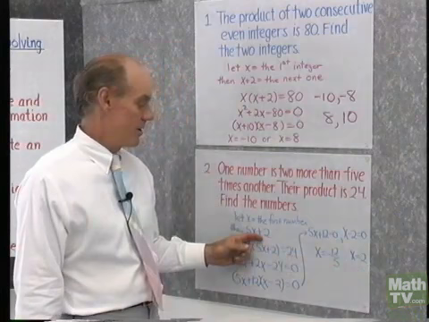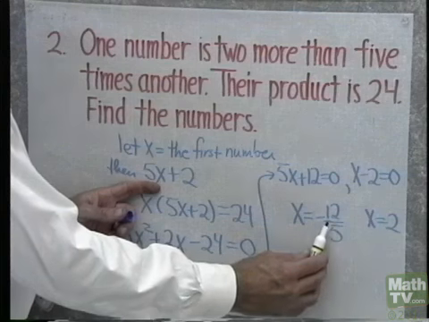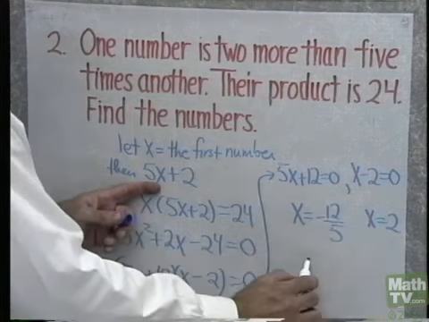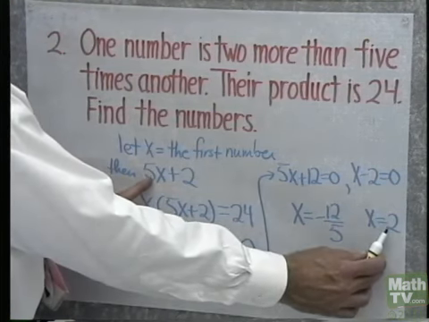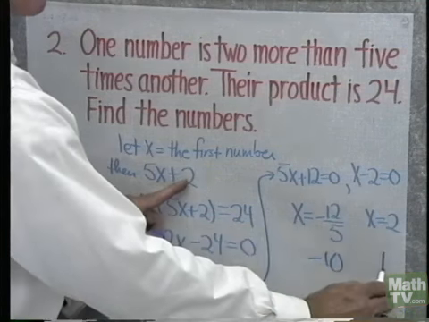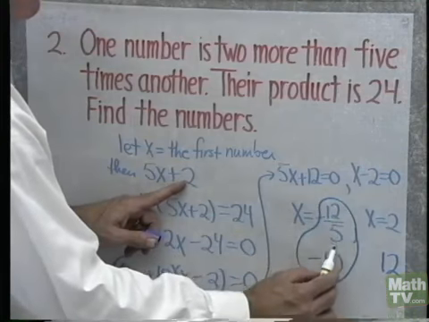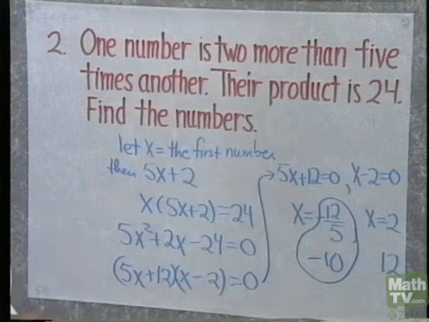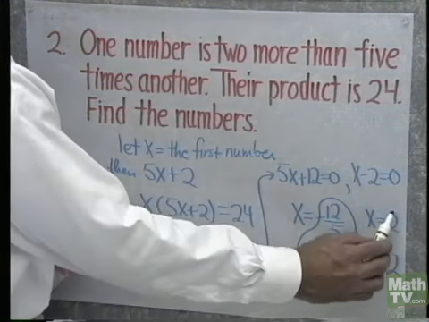To get my second number, I have to multiply the first number by 5 and then add 2. So if I multiply 5 times negative 12/5, I get negative 12 plus 2 is negative 10. If I multiply 2 times 5, I get 10 plus 2 is 12. So my two numbers are negative 12/5 and negative 10, and 2 and 12. And let me just check that on my sheet here. 2 and 12, yes, and negative 12/5 and negative 10, that's right. So these are my two pairs of solutions.